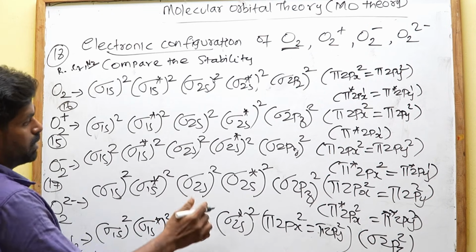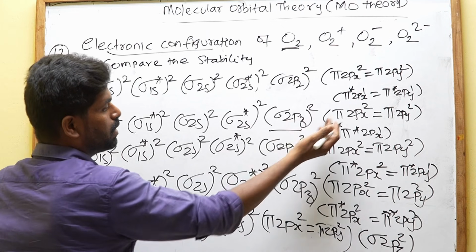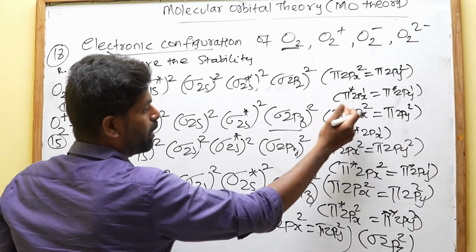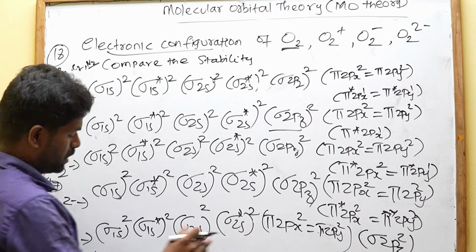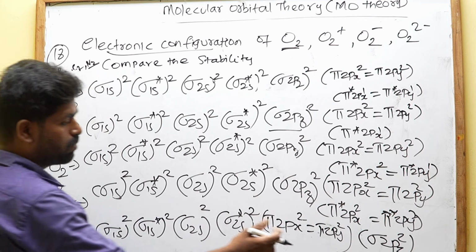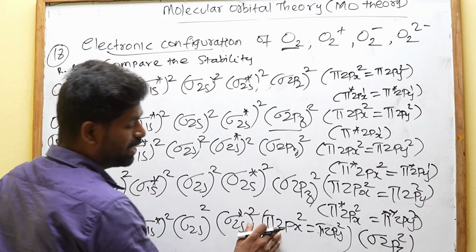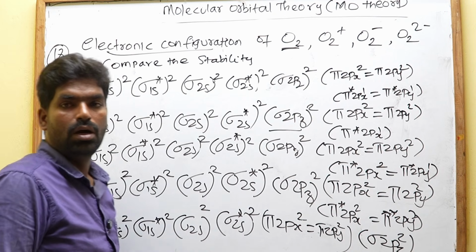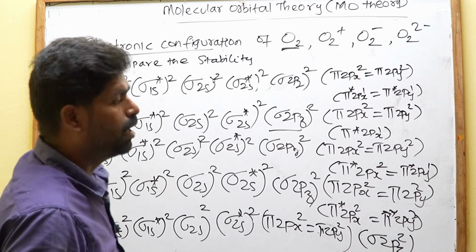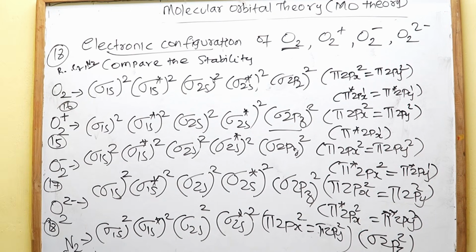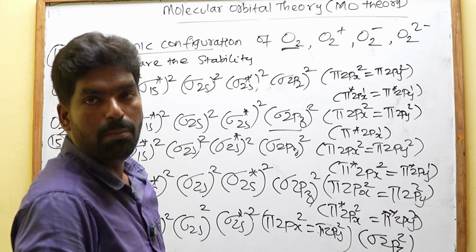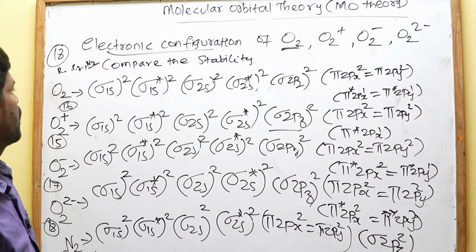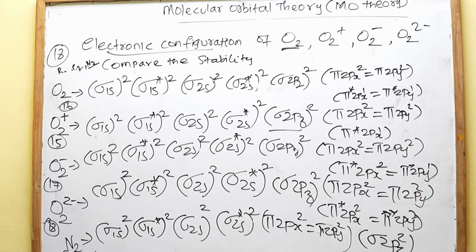In the case of oxygen, sigma 2pz comes before the pi 2px and pi 2py, whereas in the nitrogen case, sigma 2pz comes after the pi 2px and pi 2py. This is a key difference. I hope now you can write the electronic configuration. Let's calculate the bond order and compare the stability of the given species.